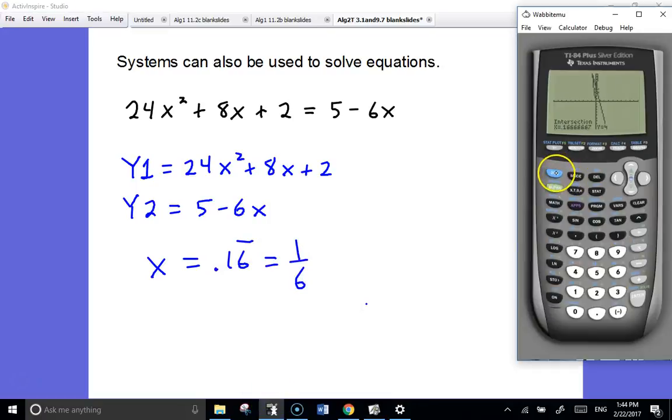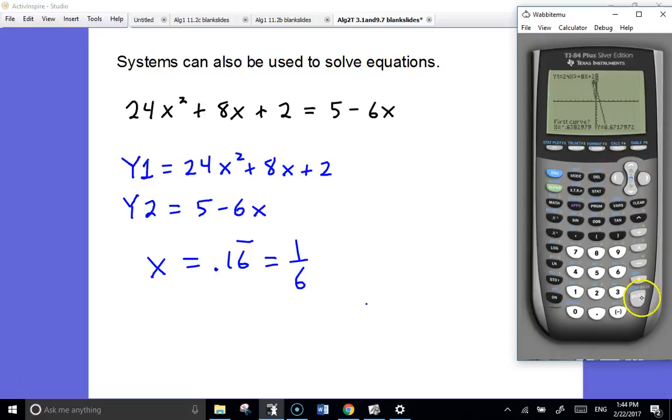How am I going to find the second solution? Second trace 5, and what do I have to do to get the second one? Move the cursor, right? It already found the one which had a positive x. It looked like there's one that has a negative x value. So let's left arrow until we see the cursor go up.